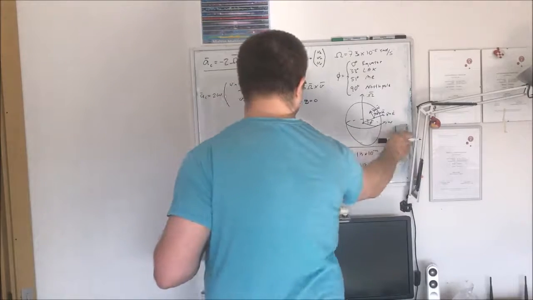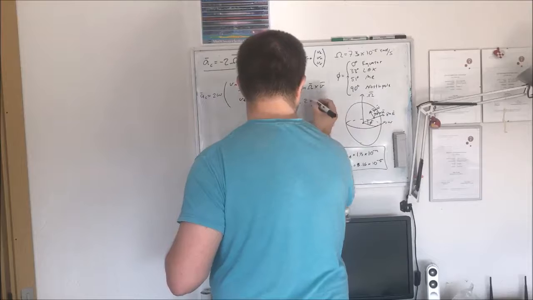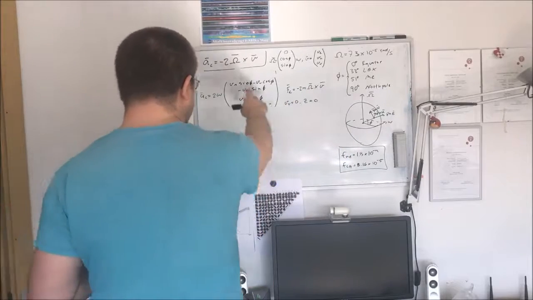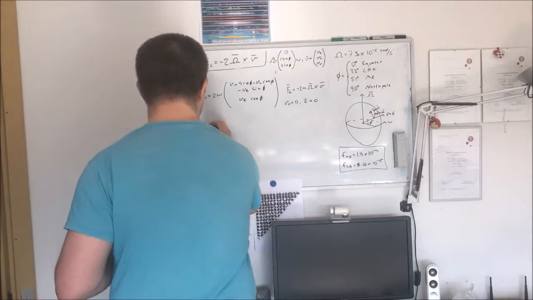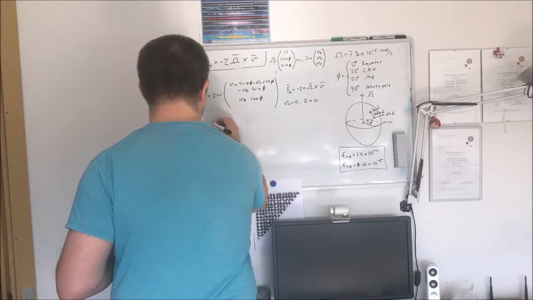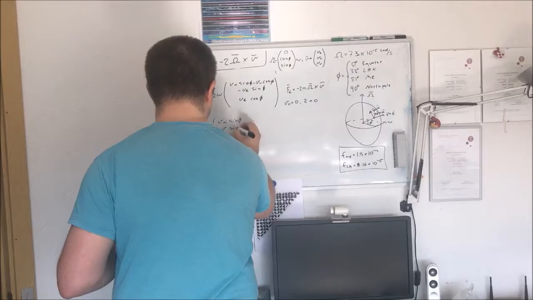So that means I can reduce this expression here to be Vn times sine phi and minus Ve times sine phi.